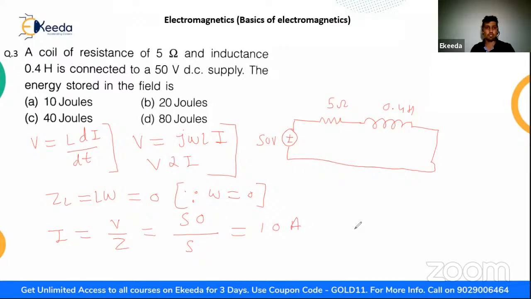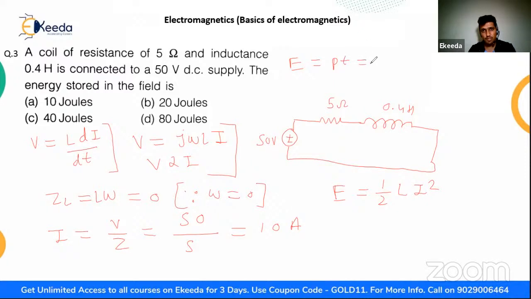Now you have to just calculate the energy stored. Energy stored in an inductor is given by half Li square. If you don't know this, just derive it using what you know, that energy is power into time.